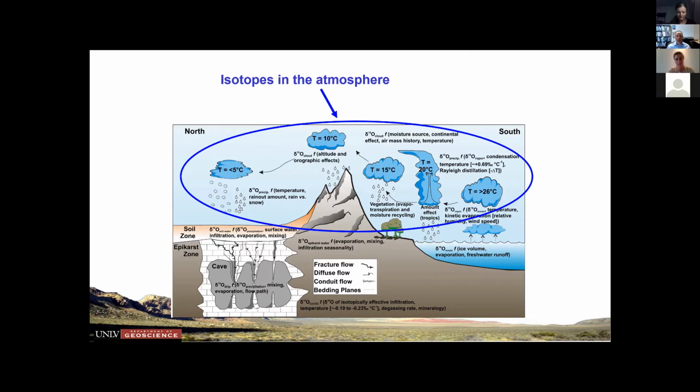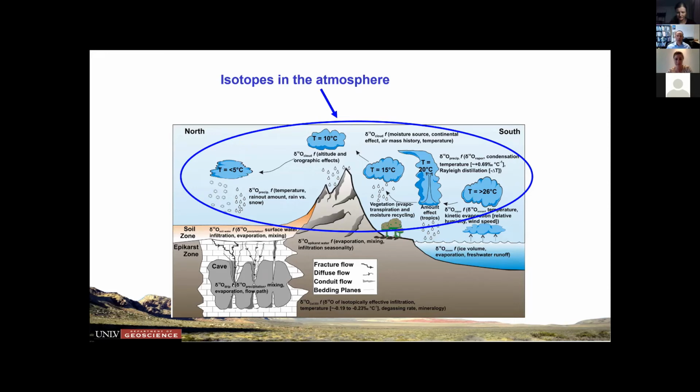Okay. And typically what you would see is you start off with warm temperatures during evaporation at the ocean. In the tropics, those air masses start to cool down as they move farther inland. And as they do, they're going to progressively be raining out more and more liquid or solid, the condensate, and that's changing and evolving the oxygen isotopic composition to essentially remove the heavier isotopes.